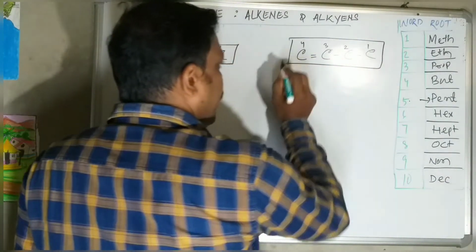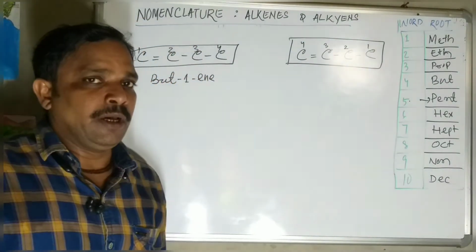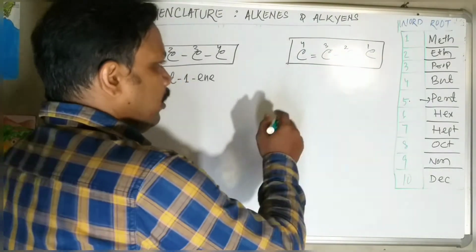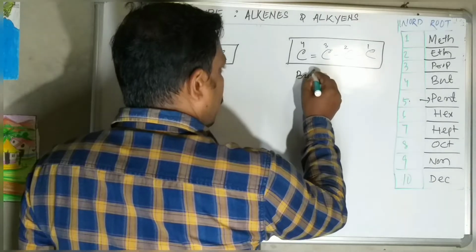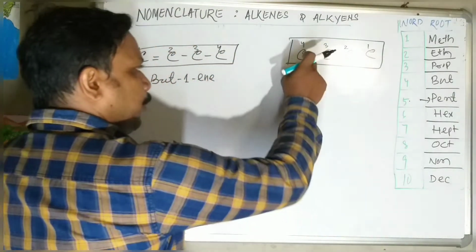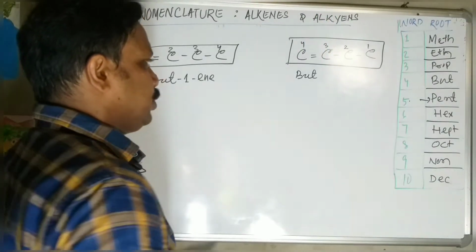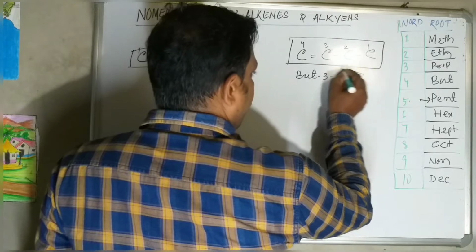If we write the IUPAC name here, the number of carbon atoms in this chain is 4, so 4 is but, and the position of the functional group double bond is at 3 position, so but 3 ene.